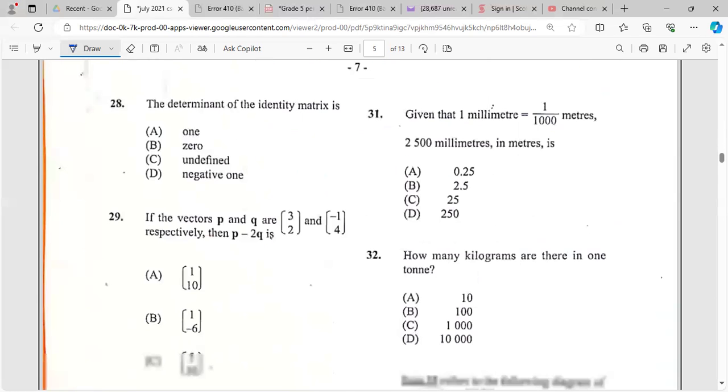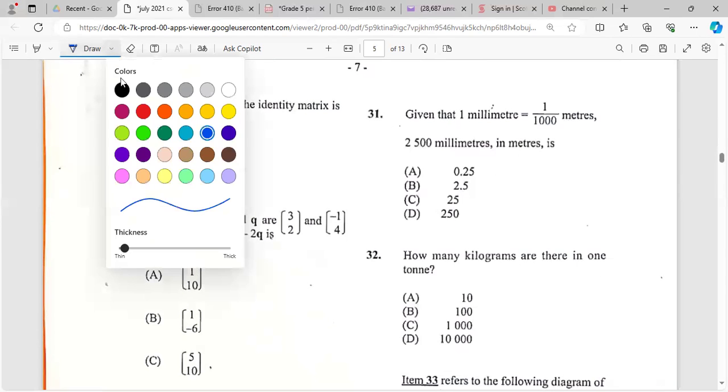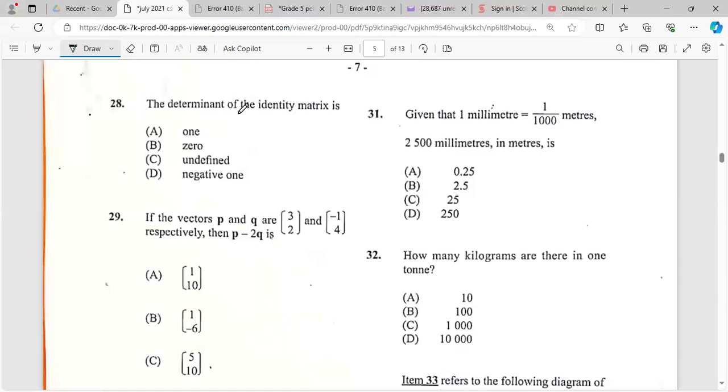All right, 28 now. It says the determinant of the identity matrix is, so we could just write the identity matrix first of all, guys. The identity is what we do on paper too, right? And we prove it. It should always work out to 1, 0, 0, 1. So what they want us to do is find the determinant of this. But guess what?